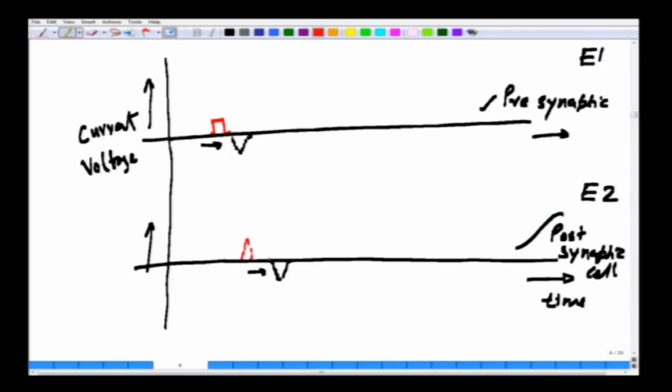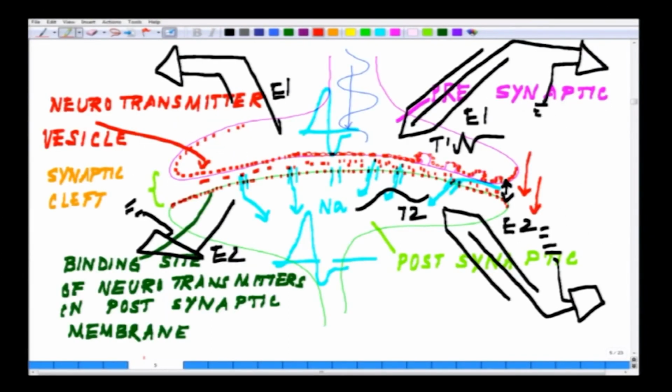A response could be in both directions, it does not matter whether upside or downside on the scale. You will see a change in the membrane potential, and this is where electrophysiology techniques, the bioelectrical measurement techniques, come in so handy, where you literally can quantify the biochemical changes taking place here.